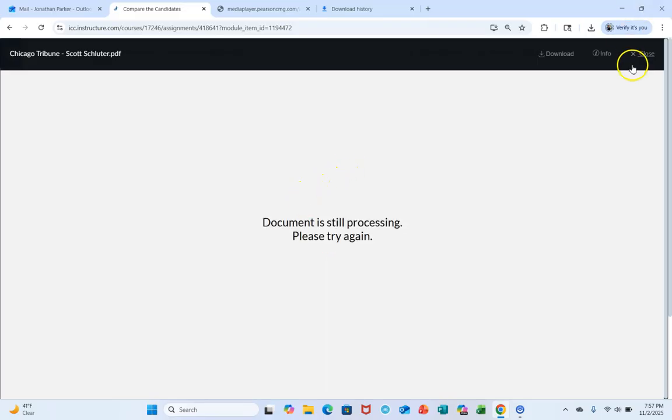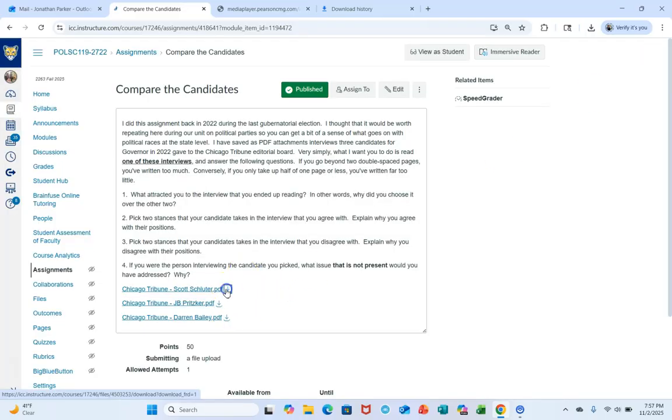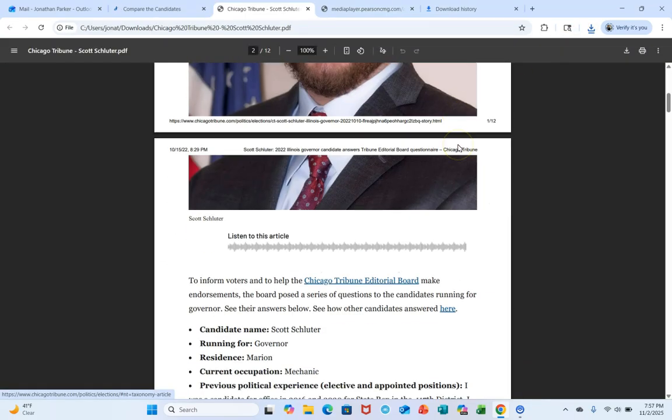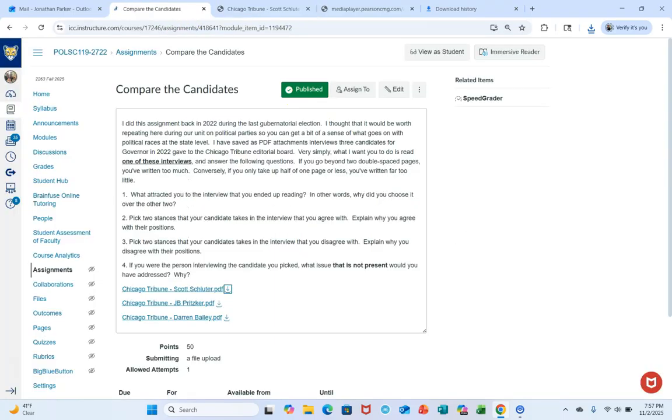And of course it never loads. Let's see if J.B. Pritzker's loads. Probably not. But anyway, there we go. You're going to read through it. Scott Schluter, governor, resides in Marion, occupation mechanic. So you're going to read through one of these interviews, so you can pick whichever one you want, Schluter, Pritzker, Bailey, and answer the following questions.